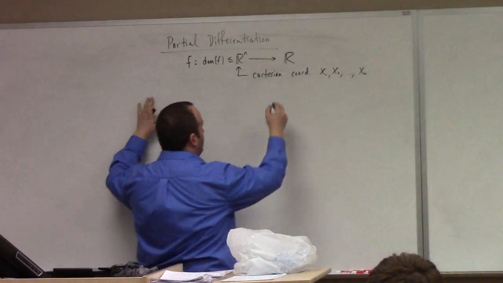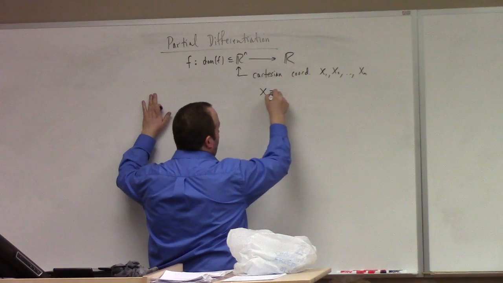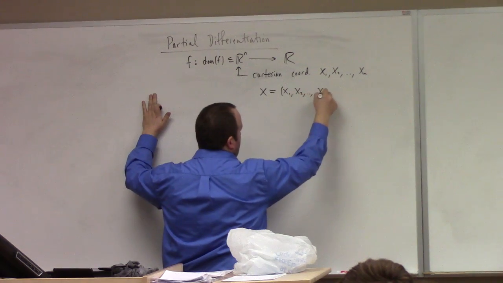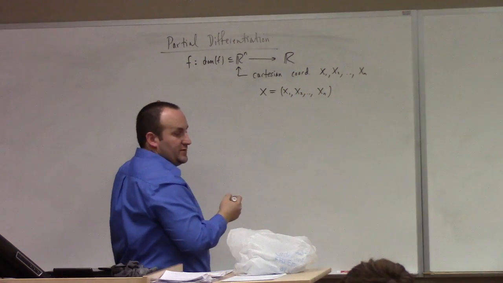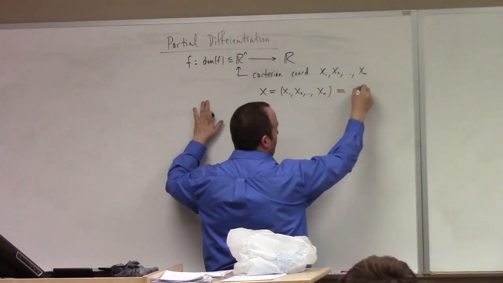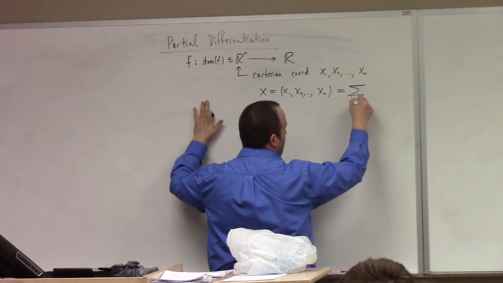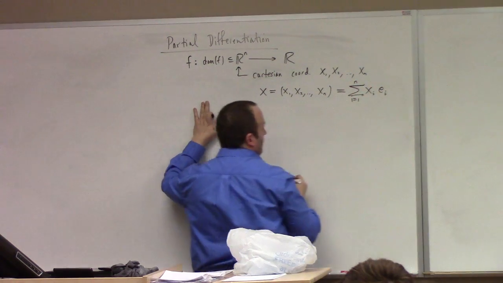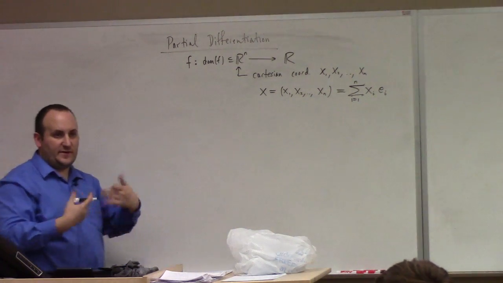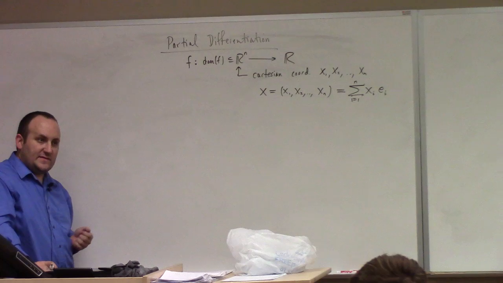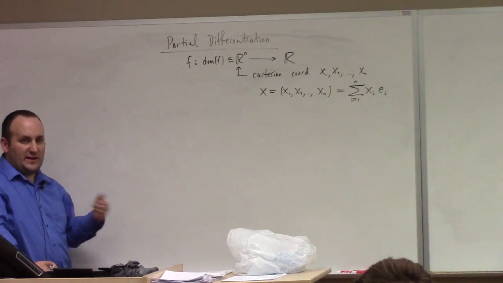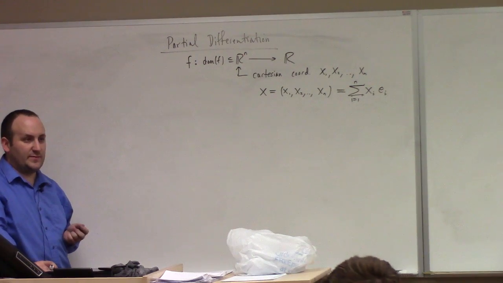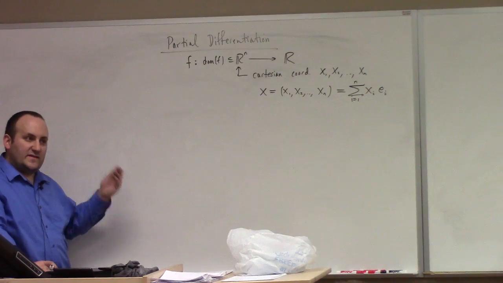And so like we know, you can write a point x as (x1, x2, ..., xn), or you could also write it as a summation i equals 1 to n of x_i e_i. So we can write vectors as a linear combination of the standard basis. Usually we do e1, e2, e3, in R3 or R2, but we have this way of thinking about points as a linear combination of the standard basis.